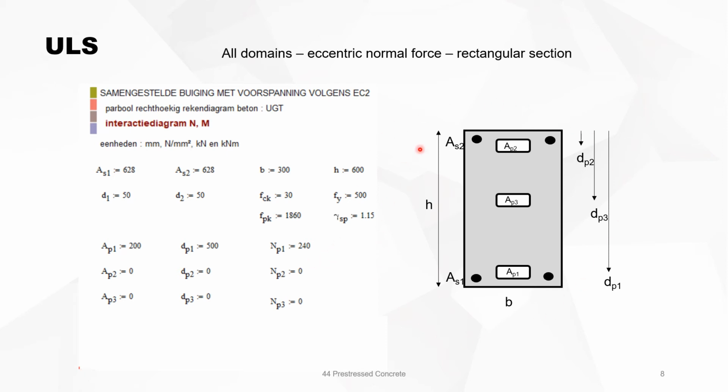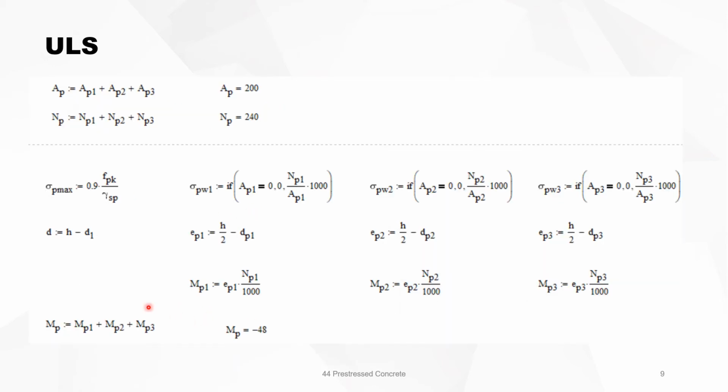For instance, there can be three tendons in the same section, or there can be more too, it doesn't matter. Now you can write out the equations for all tendons, in this case the three. The stress in the tendon is then of course equal to the prestressing force divided by the cross-sectional area, which is logical.